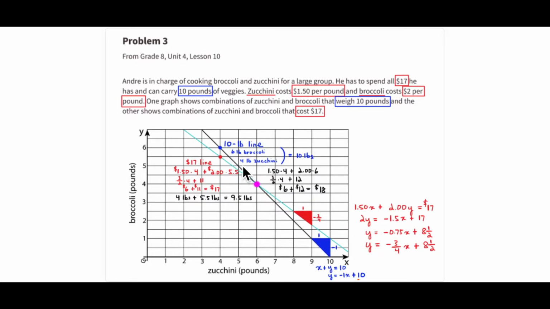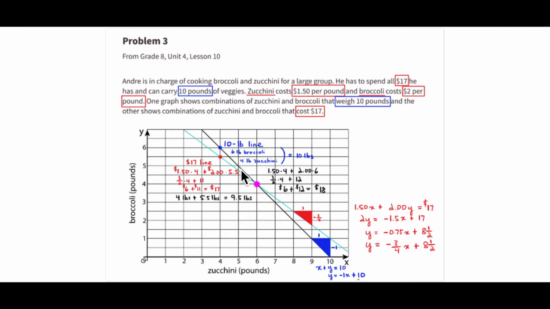I'm going to show you these in steps, and you're going to see that the cost increases by 50 cents each time I trade a pound, because that 50 cents right here is equal to 1/4 of a pound of broccoli. So to keep this at 10 pounds, the cost increases by 50 cents.